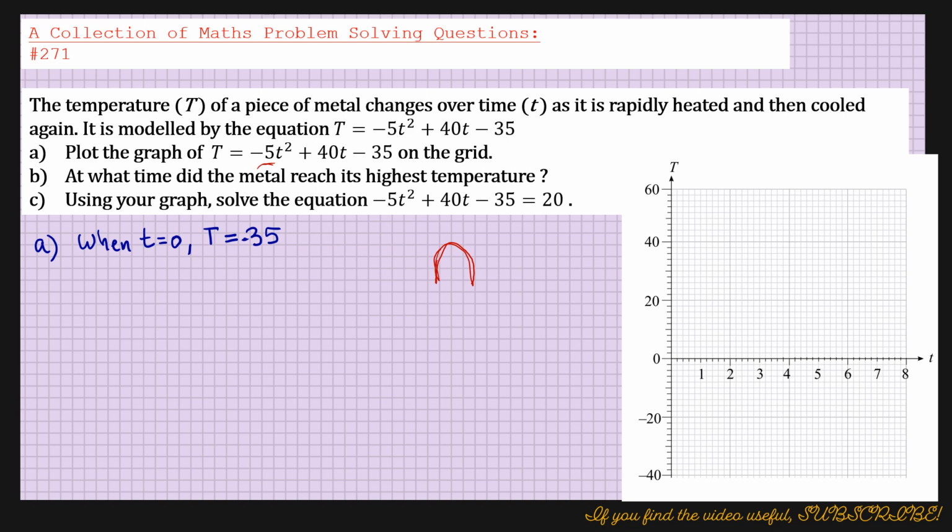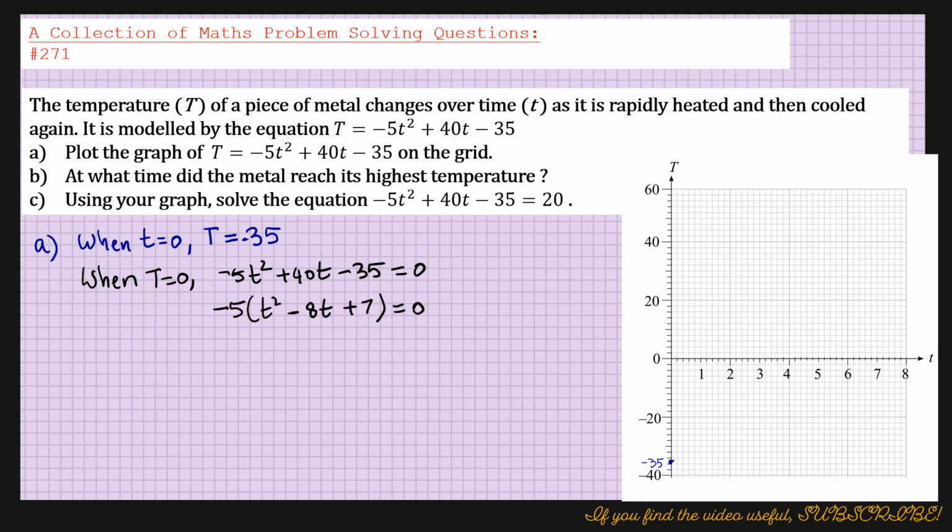When t equals 0, so when time equals 0, the temperature is minus 35. That's where it cuts the temperature axis. Then when the temperature is 0, we need to find the time, so we equate it to 0.